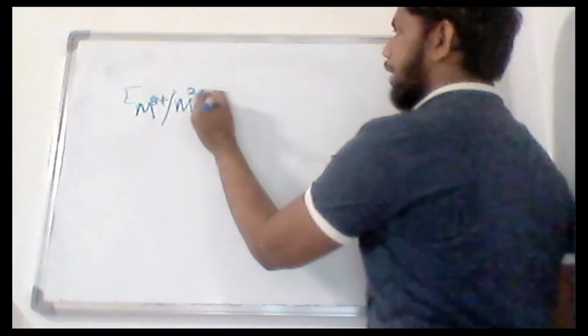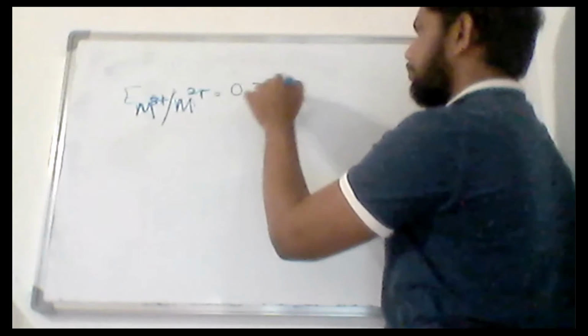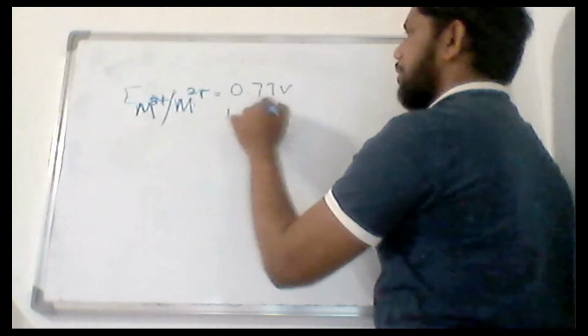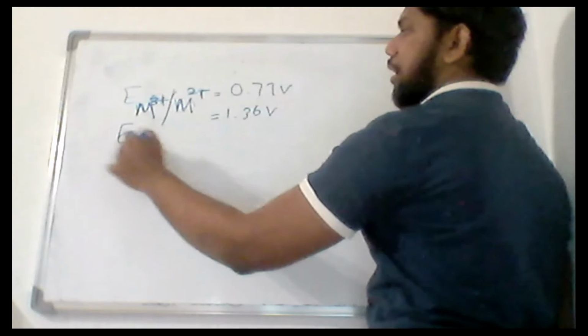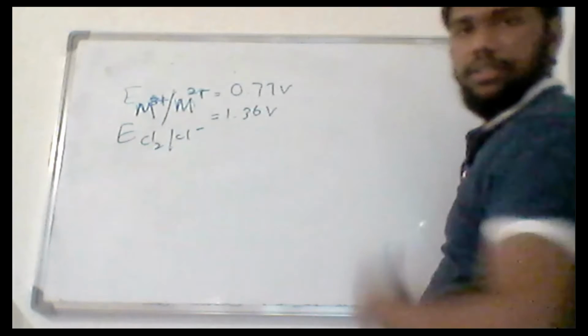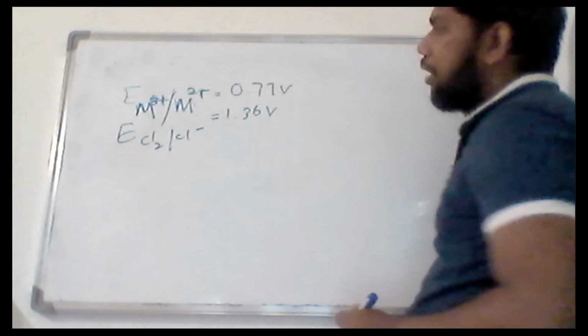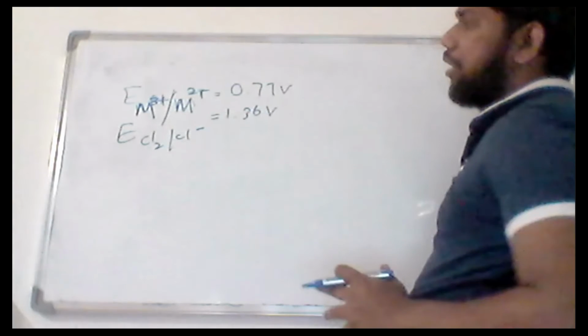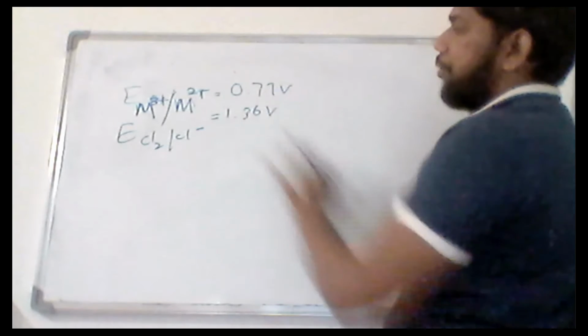This is given as 0.77, and the other one is 1.36. It is Cl2/Cl minus, because of the reduction, right? Now you know this should be the anode and this should be the cathode, right?